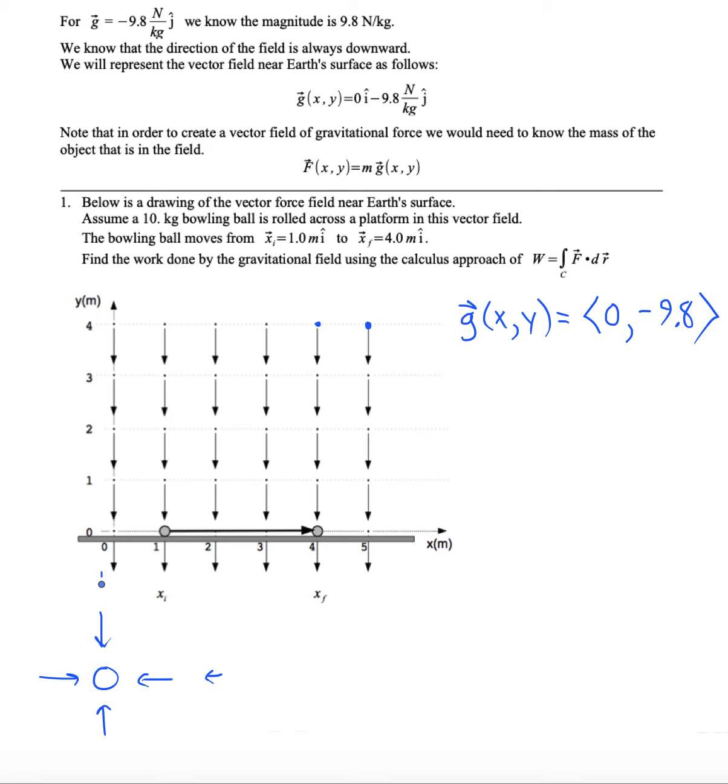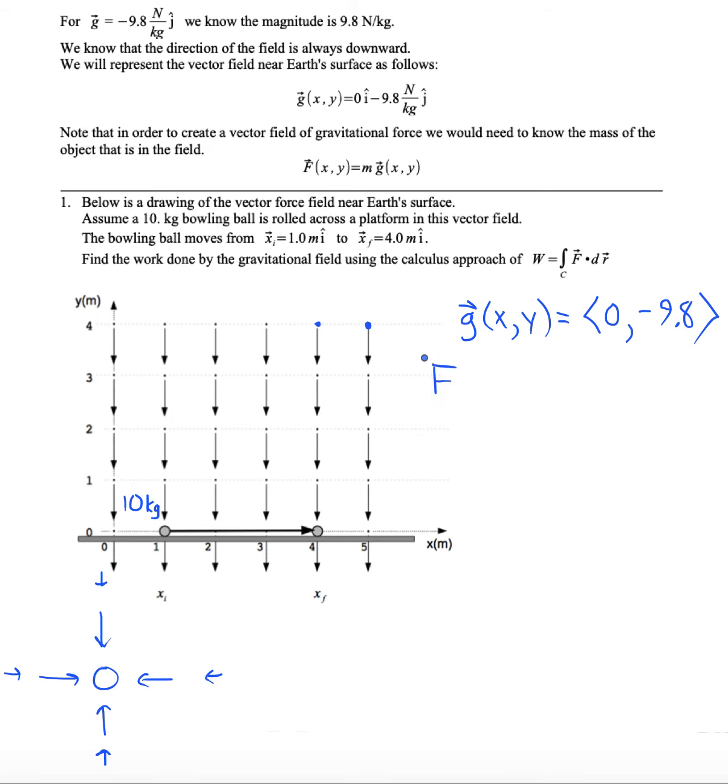Okay, so now that we have our field defined, we'd like to turn it into a force. And the way we can turn a field into a force is by multiplying by a mass. Now the mass is going to be, in this case, 10 kilograms. That's our ball here that is going to be rolling from an x of 1 to an x of 4.